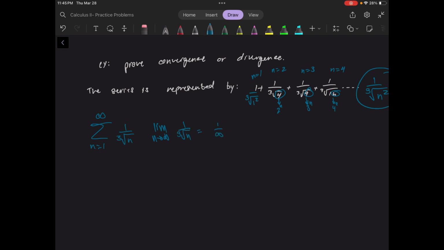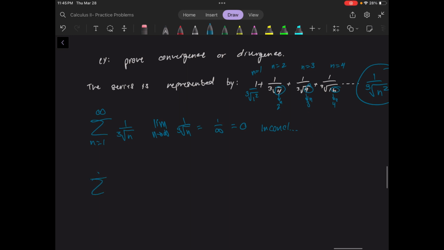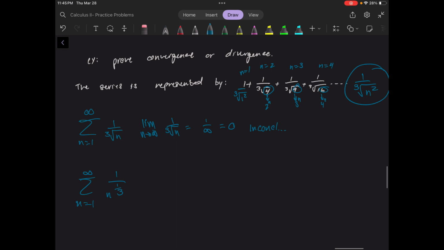We're just going to get 0, right? So the test is inconclusive. We're going to have to realize that this is the same thing as 1 over n to the 1/3 power, right? So yes, this series is a p-series.